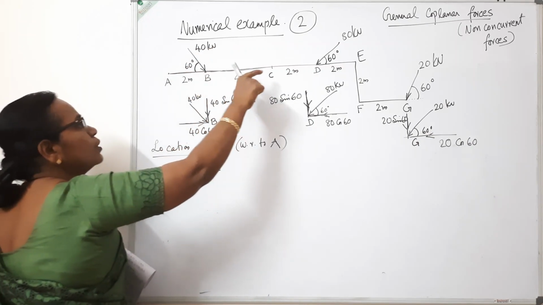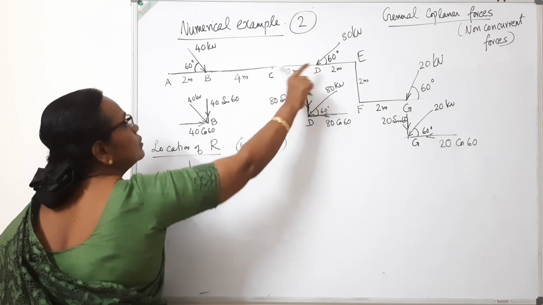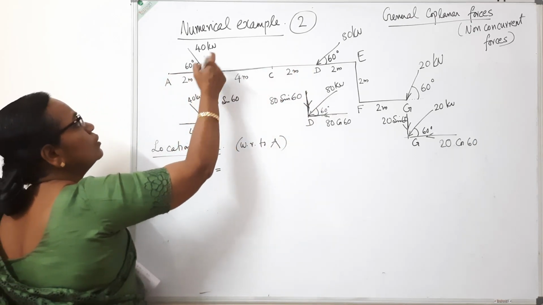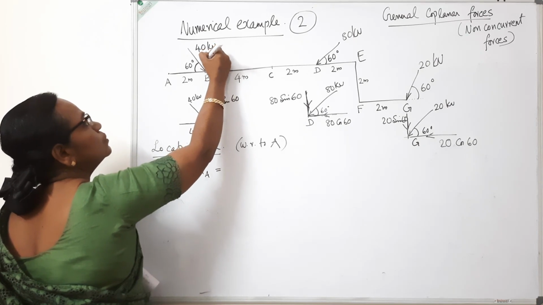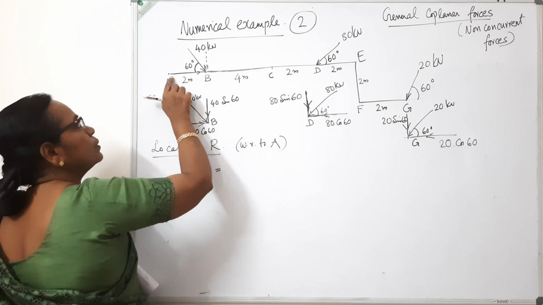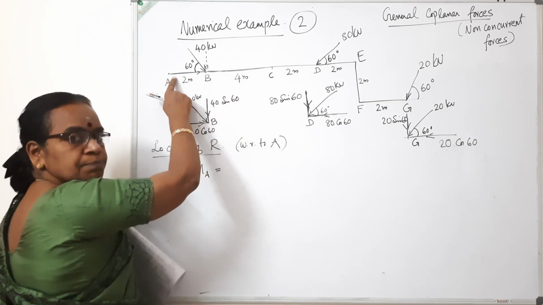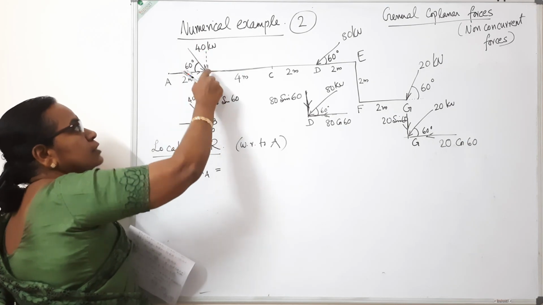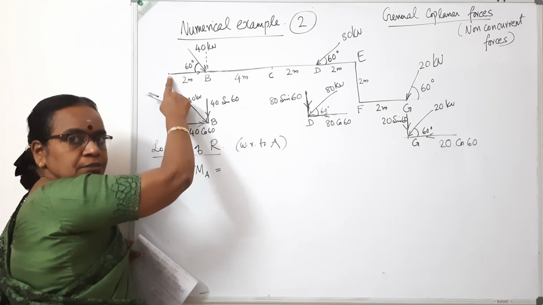So the horizontal components of these two forces will not be having any moment about A. For this 40 kilonewton, we have resolved it into two. This is one component, this is the other component. This will not be having any moment about A because the line of action is passing through A. So only this 40 sin 60 component will be having moment about A.